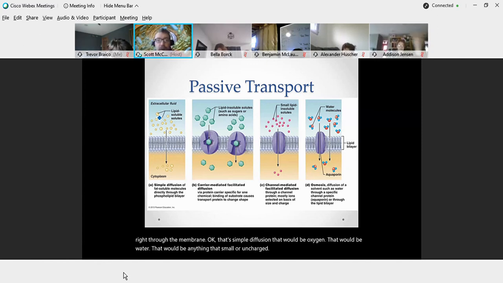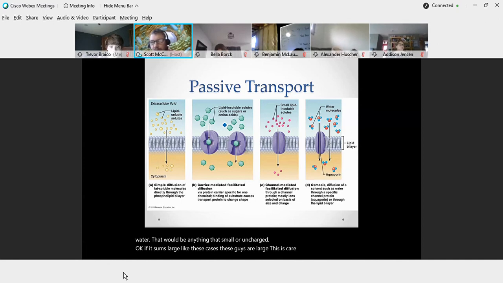If something's large, like these guys are large, this is carrier mediated, which means helped, facilitated diffusion. So here you have a large molecule going into this side, and then it gets carried and pushed out onto the other side. But it's still diffusion because there's a higher concentration here than there is here.